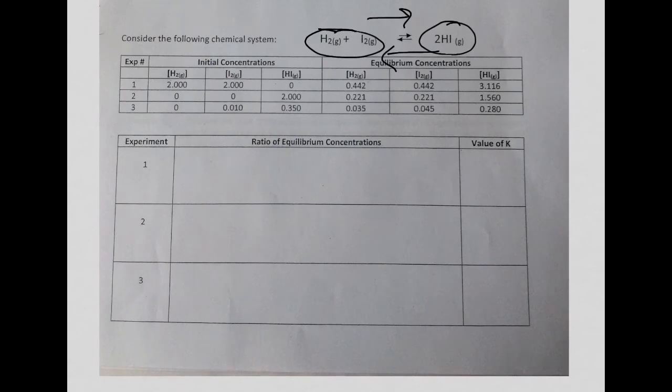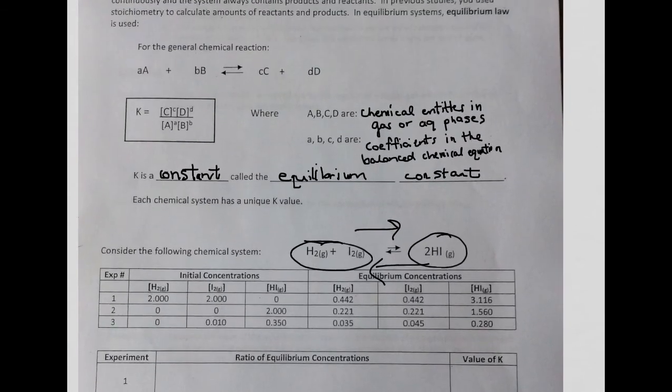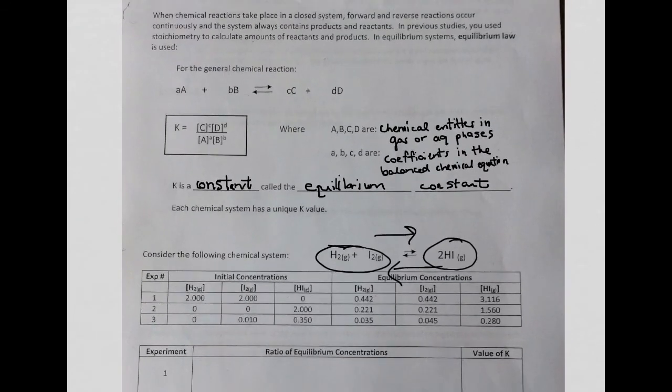Well, we first need to write the equilibrium law equation. And if we go back up to the start, here it is. The equilibrium constant is equal to the concentration. Remember that square brackets refer to concentration, an amount per volume. In this case, we have moles per volume.